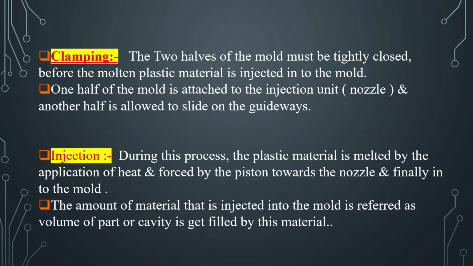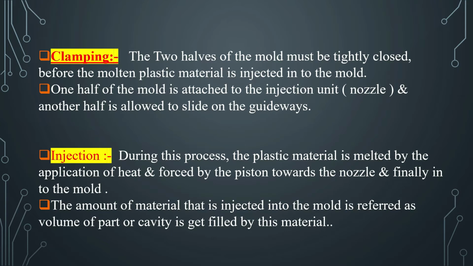We'll start with the clamping. The two halves of the mold must be tightly closed before molten plastic material is injected into the mold. One half of the mold is attached to the injection unit, or we can say the nozzle, and the other half is allowed to slide on the guideways. Clamping is most important to avoid leakage and to get a super finished part.